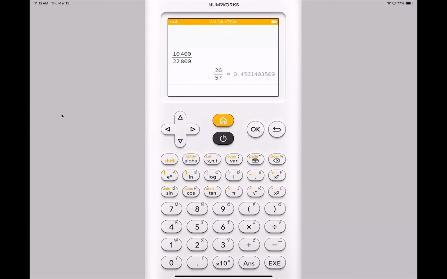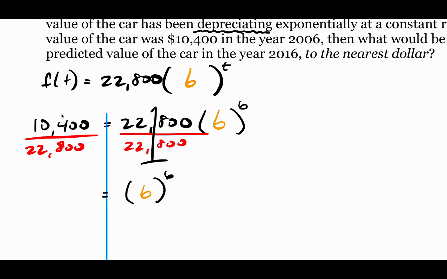Again, it's a long decimal. I'm not going to use that. I'm just going to use the reduced fraction, 26 over 57. Take the 6th root, and that's going to be B.